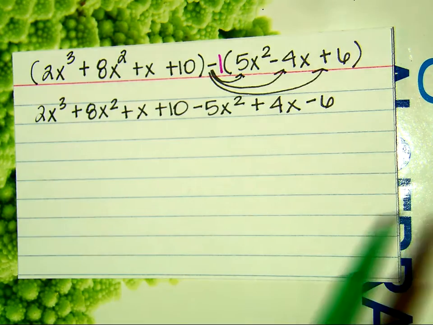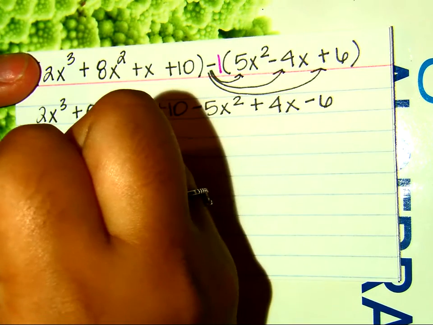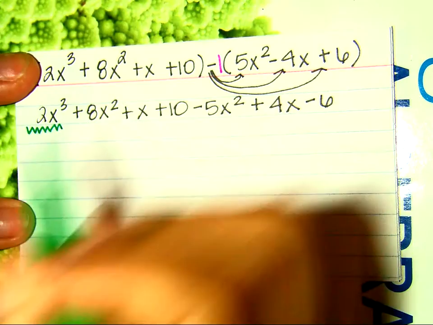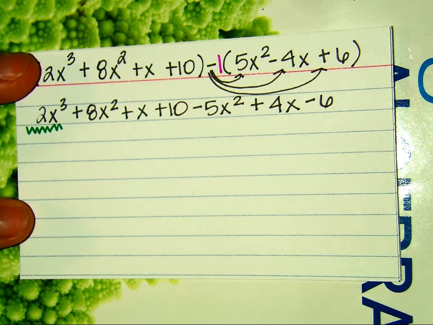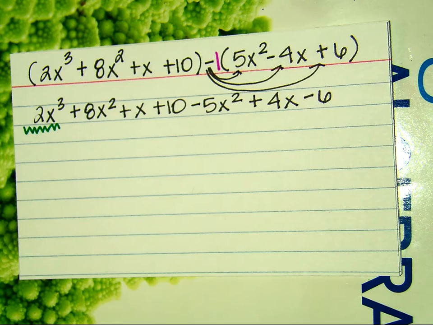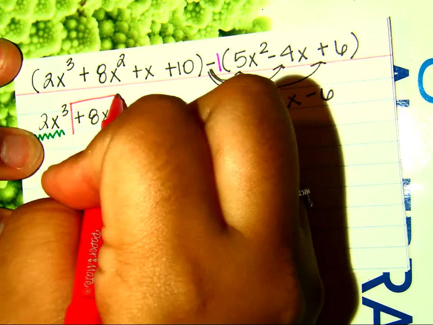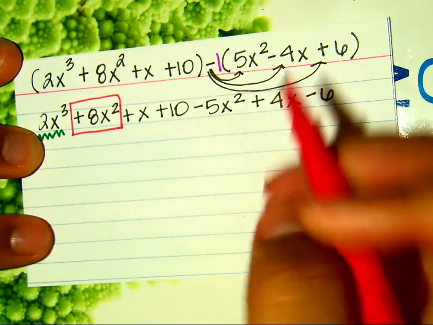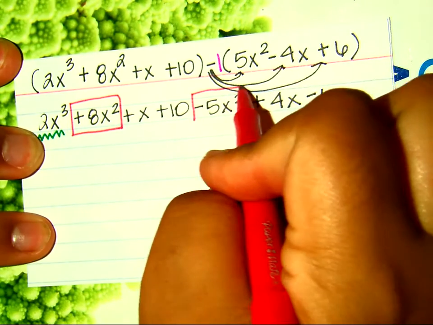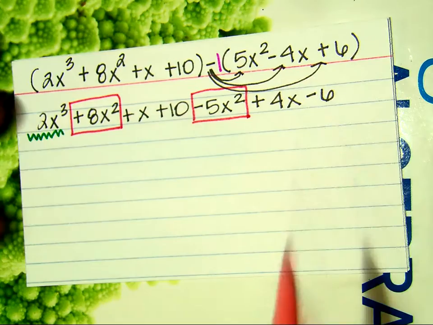I do not. So I'm just going to put a squiggly line under 2x to the third power in green because it's by itself. Now I'm going to look for x to the second power. I have 8x to the second power, and I also have negative 5x to the second power.